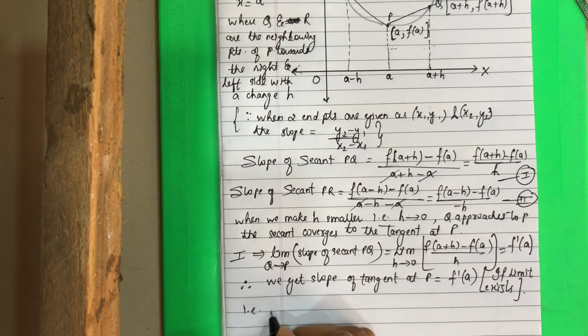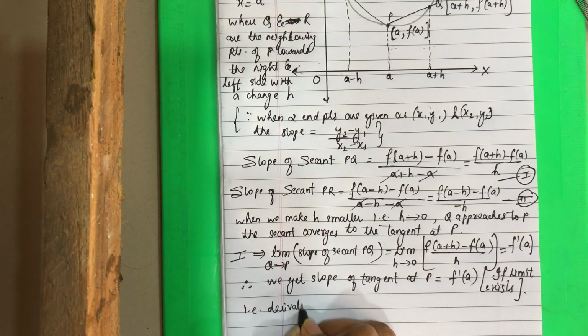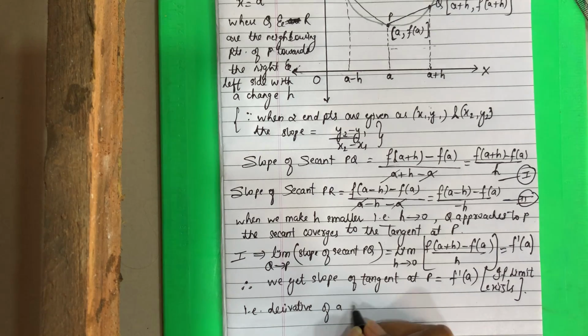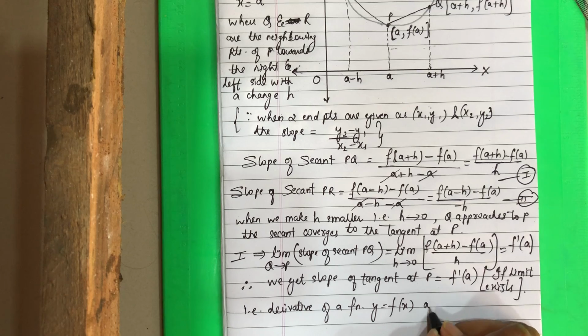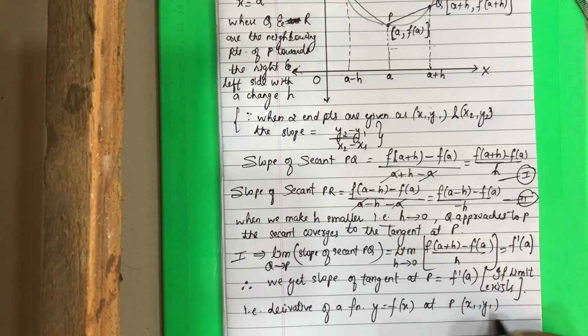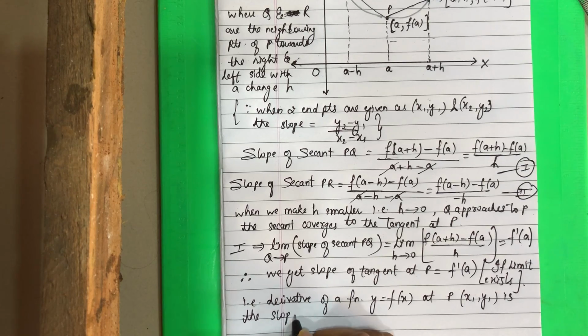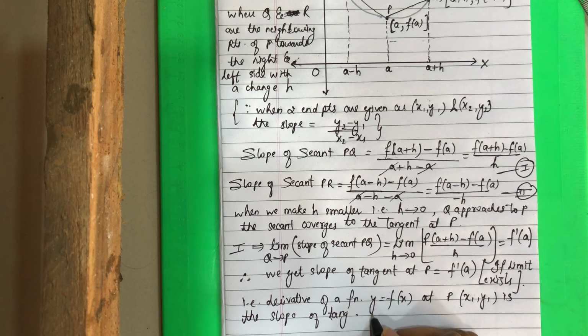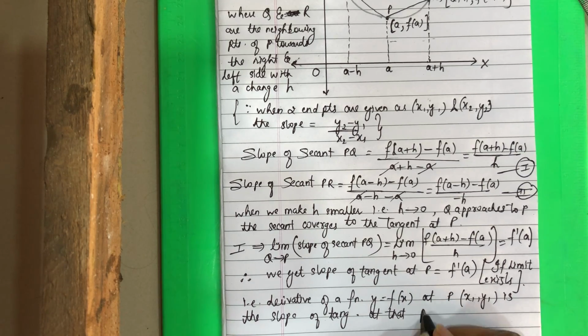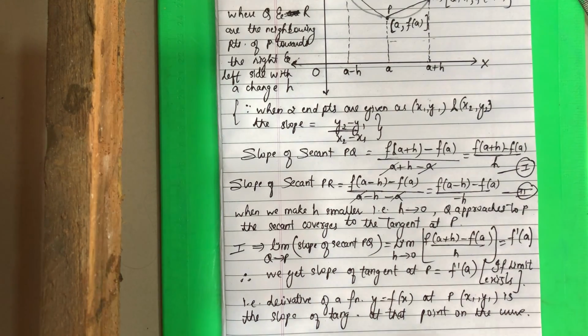That is the derivative of the function y is equal to f(x) at P. P can be anything, x1, y1 standard form, whatever is given in the question, is the slope of the tangent at that point on the curve.